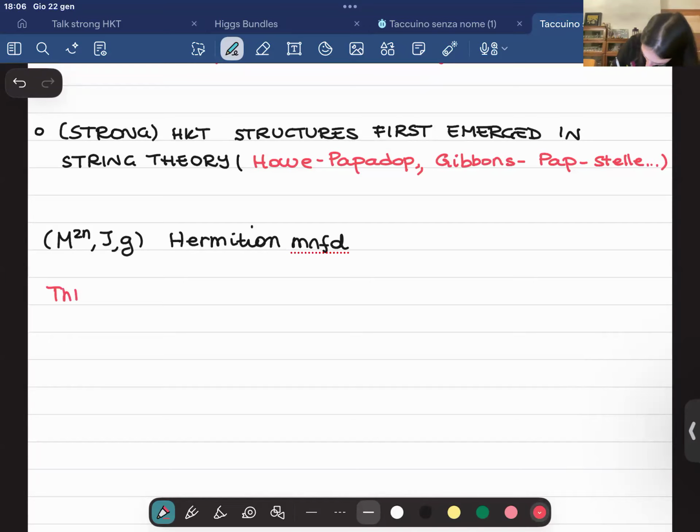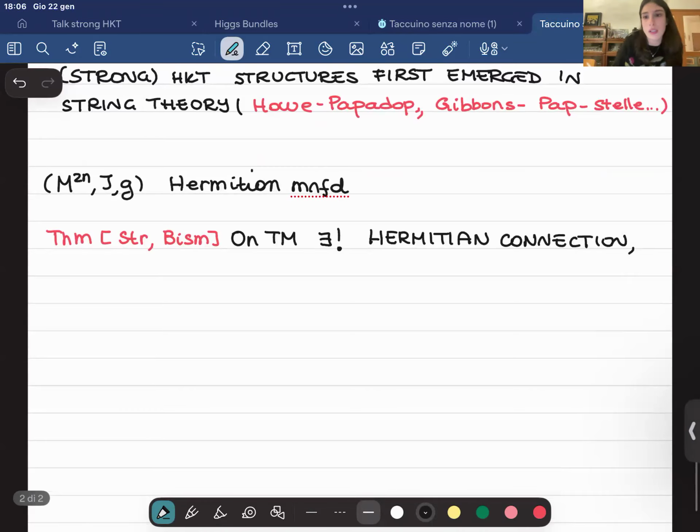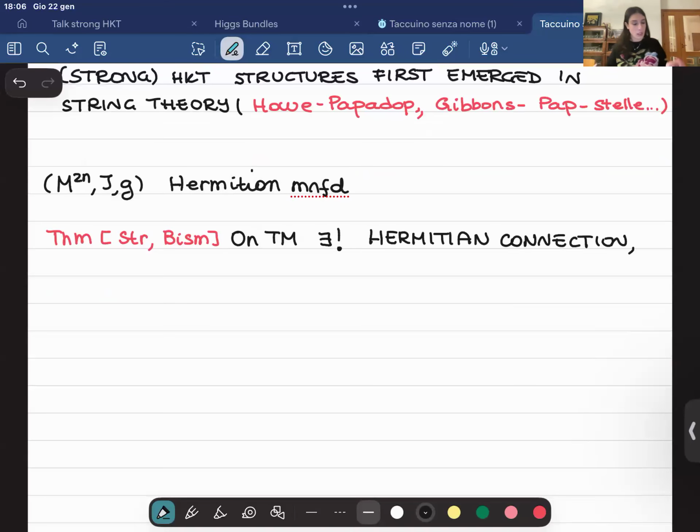It's a theorem of Strominger and, 2 years later, Bismut that on the tangent bundle of my manifold there exists a unique Hermitian connection, which I'll call the Bismut connection. But you can also call this the Strominger connection.